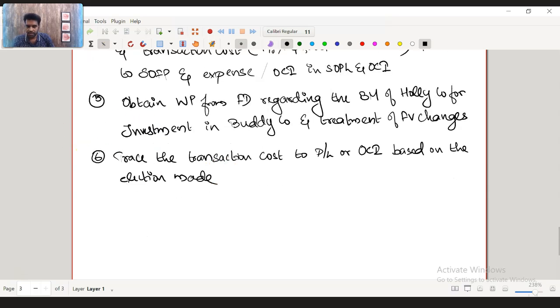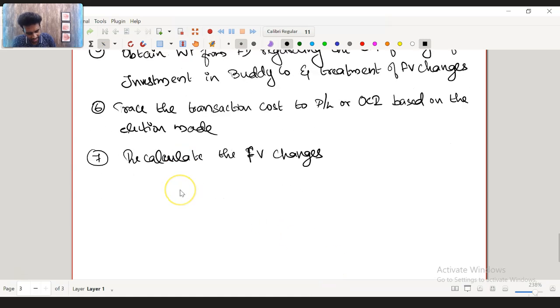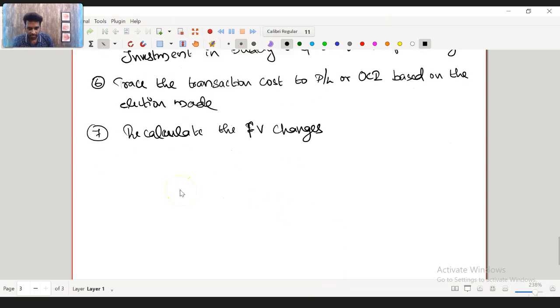Okay, and then finally during the year end, recalculate the fair value changes. How can you recalculate the fair value changes? That's very simple. Fair value at year end. What is the fair value at year end? $2.20 into 500,000.